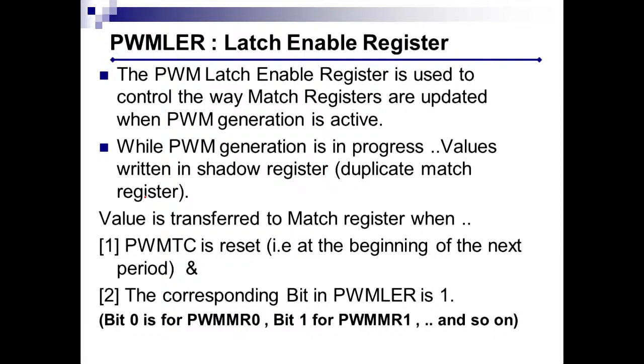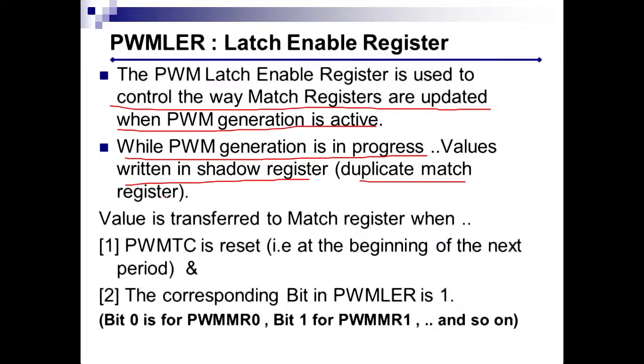Then PWM LER, that is the latch enable register. This PWM latch enable register is useful to control the way match registers are updated when PWM generation is active. Right. So while PWM generation is in progress, values are written to a shadow register.